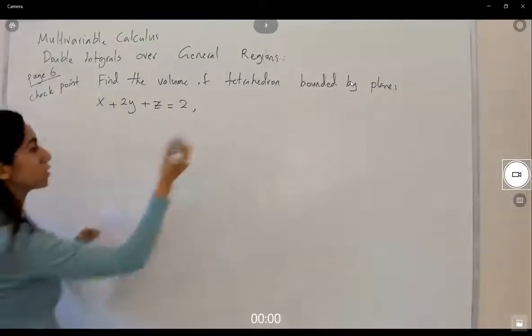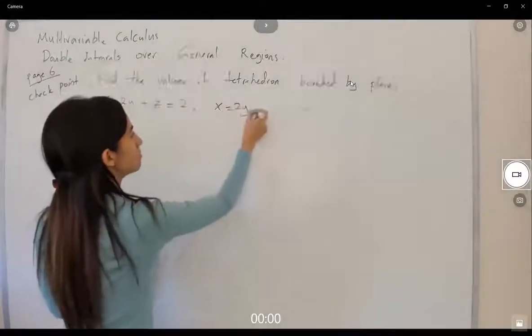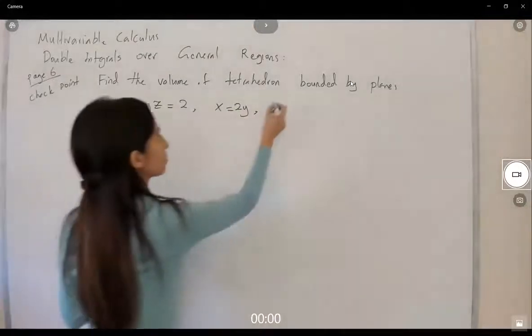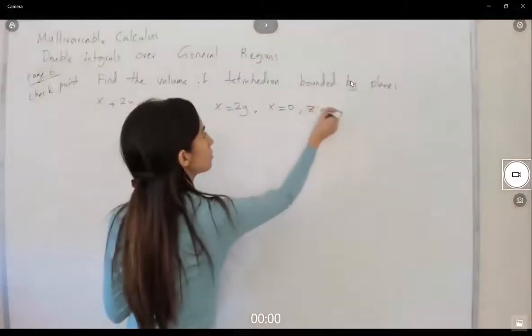You have x equals to 2y, and you also have x equal to 0 and z equal to 0.